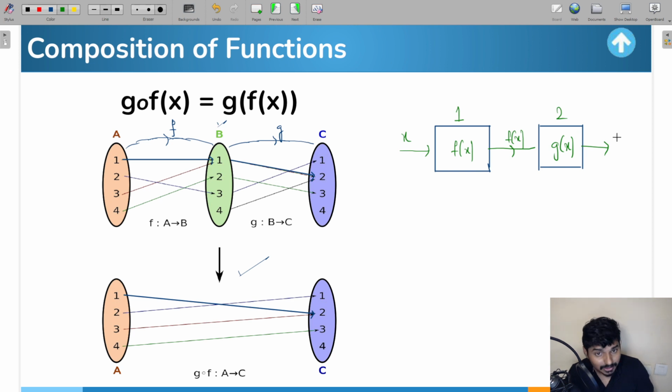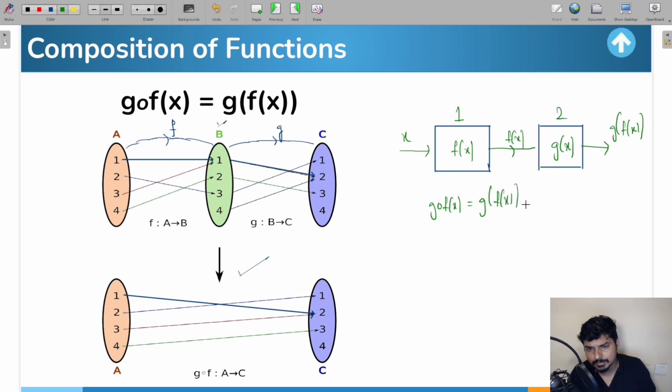So whatever result you're going to get, that will be g of f of x. And you see, g of f of x is simply nothing but the composition of the functions f and g. This can also be represented by g circle f of x, guys. So g circle f of x is simply nothing but g of f of x.